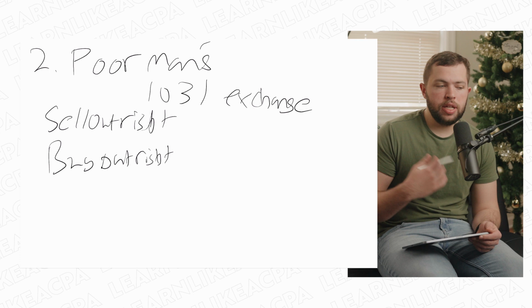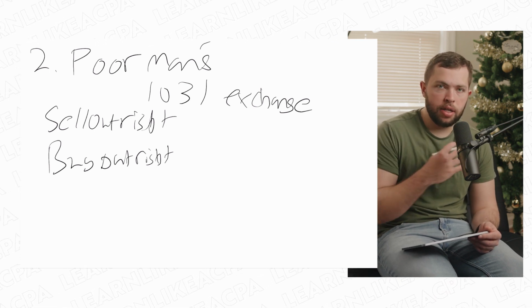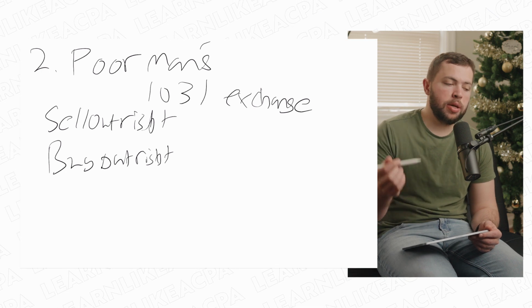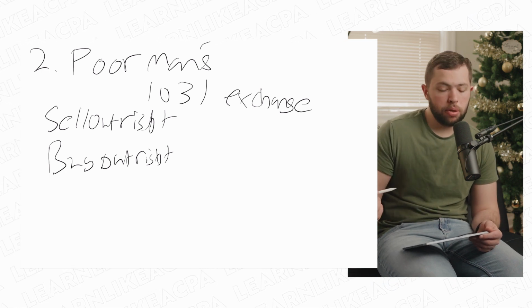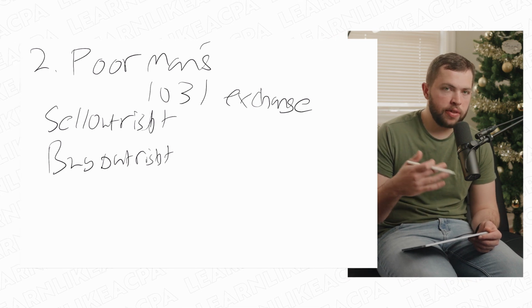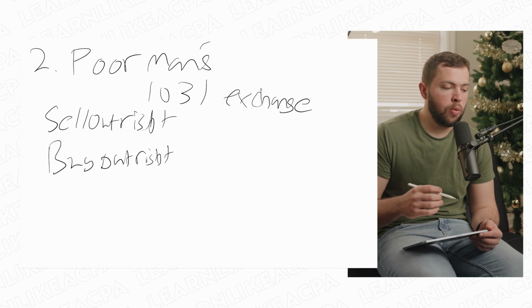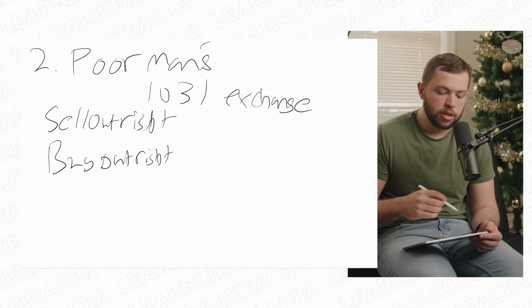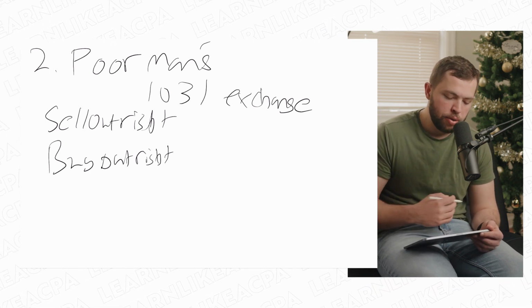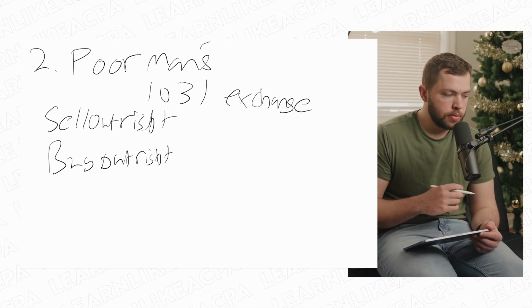If I go through a 1031 exchange in November and I find out in January or February that it's no good, well, now I'm stuck paying that capital gains bill for 2022. Versus if you sold the property, say January 3rd of the following year, now you have the entire year to tax plan around your sale. And so as long as I sell a property and buy a new property within the same year, I'm going to be able to offset that gain.